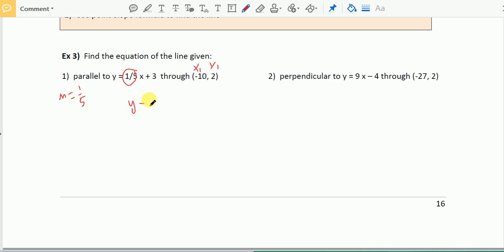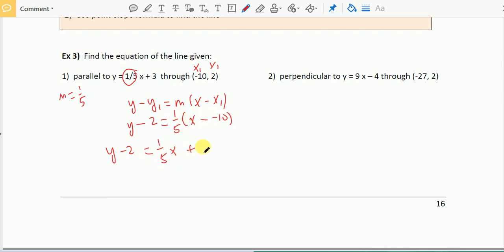So I write y minus y1 equals m, x minus x1: y minus y1 to be 2, m is 1/5, and x1 is 10, right? So for y, make the distribution of 1/5 inside first. This becomes plus, so you have 2, and then I subtract 2 on both sides. I have y to be 1/5 x plus 4.